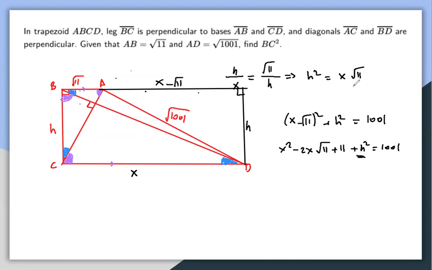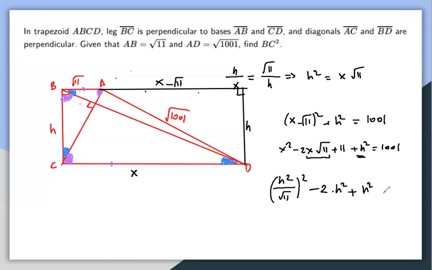If I do it that way, x is h squared over root 11. So you square that, minus 2 times, and this part, x root 11, is the same as h squared. So that should be h squared, and then plus h squared.